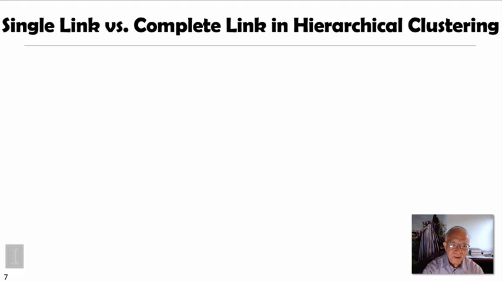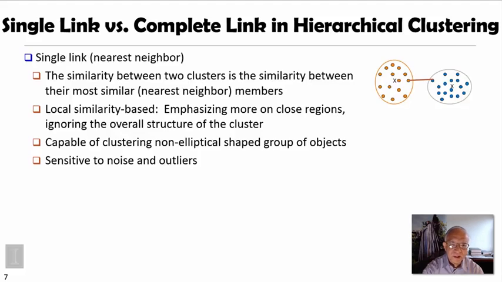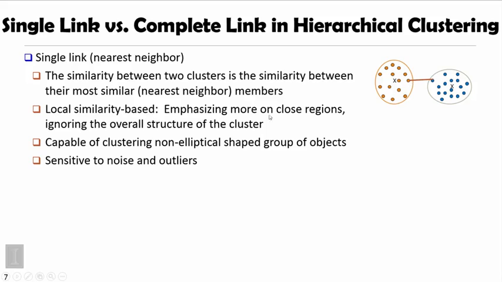Let's examine these different links in a little more detail. We first look at the single link, or nearest neighbor. The similarity, or distance, between two clusters is defined based on the most similar, or closest, elements in these two clusters. As an example, suppose one is the US and one is Cuba. You want to find their closest points; likely in the US, it will be Key West.